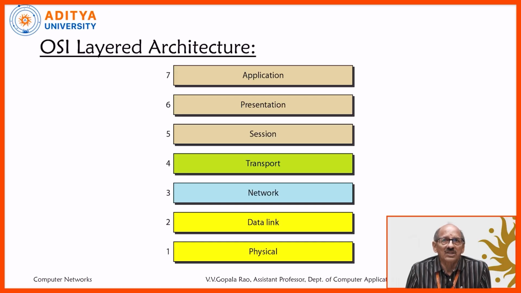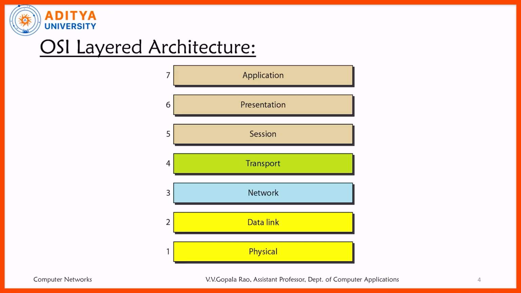On the screen, you find the model that was suggested by the ISO people, which is called the OSI layered structure. Here I am using the word layer. Why is layering preferable?